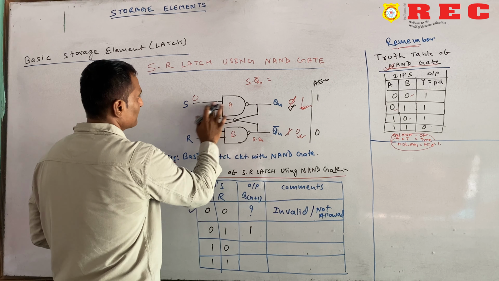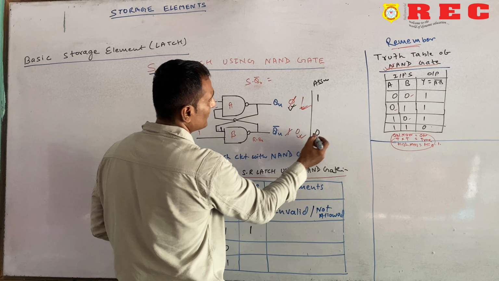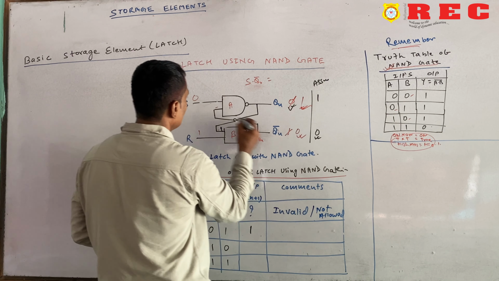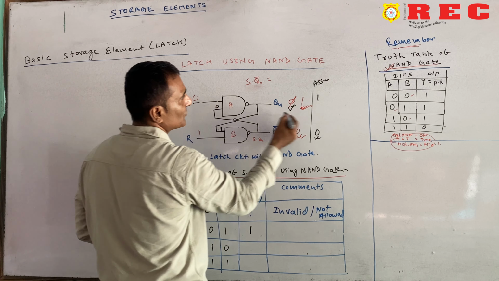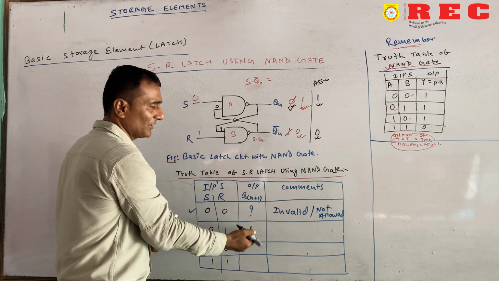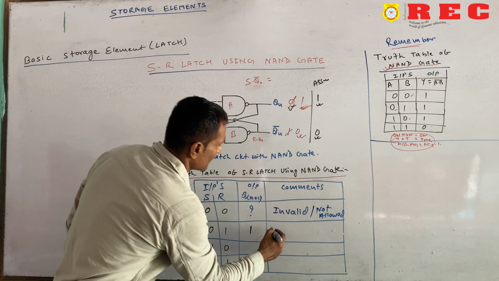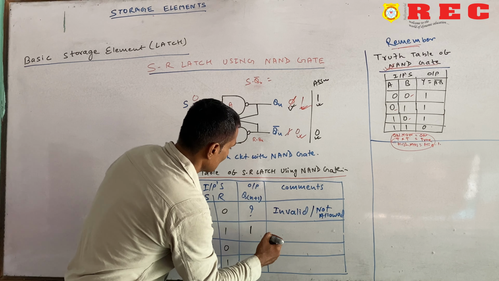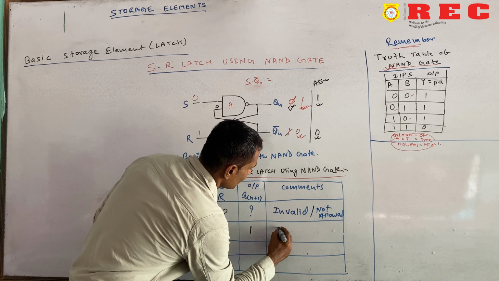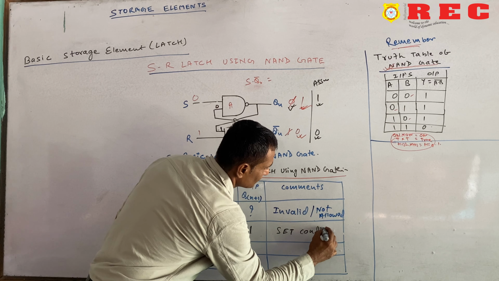So this 1 will come here, already 1, 1 into 1 will be the 0, already 0. This 0 will come 0 and 0, this is 1. So no problem. If already 1 in the Q and the 1, if it will be 0, then it will be 0. This condition we will say is the set condition.